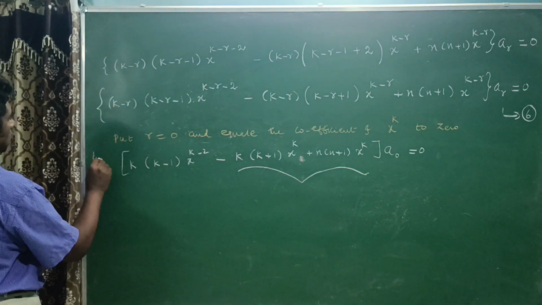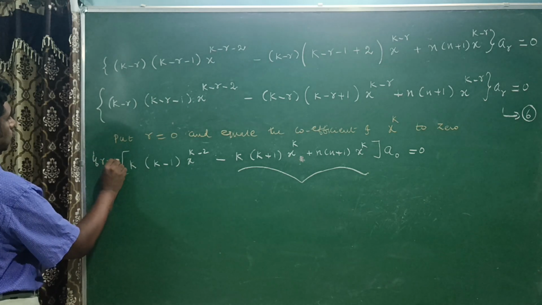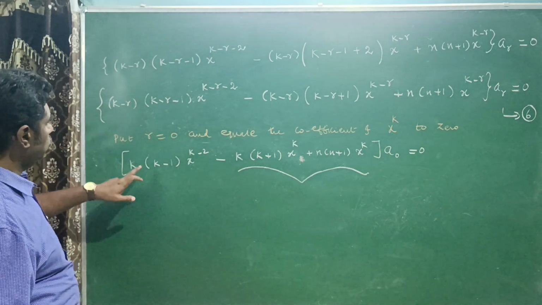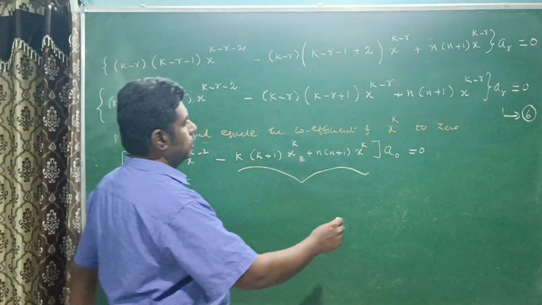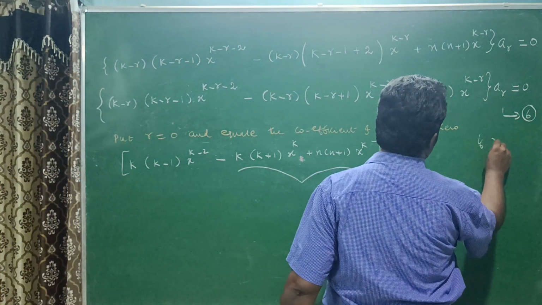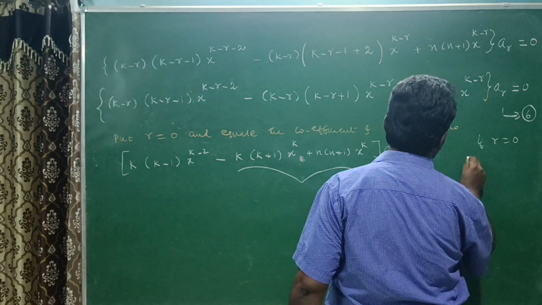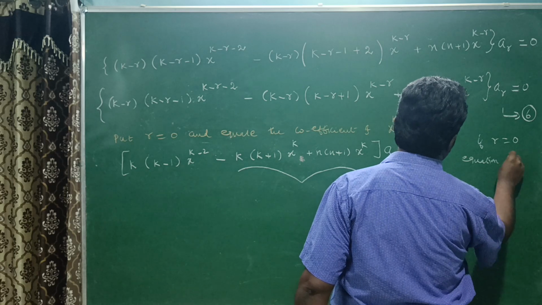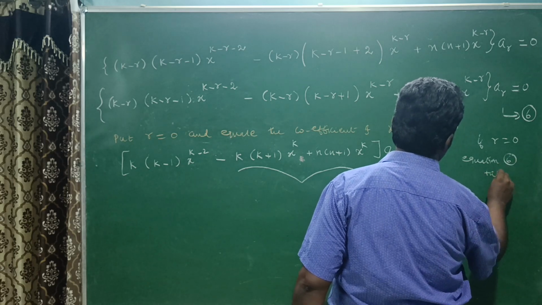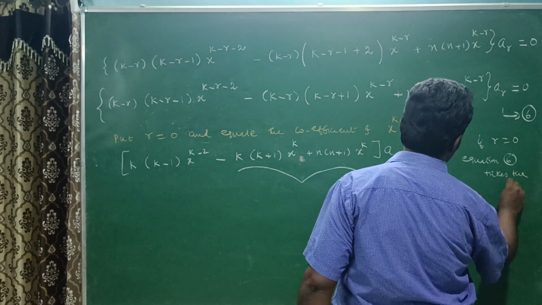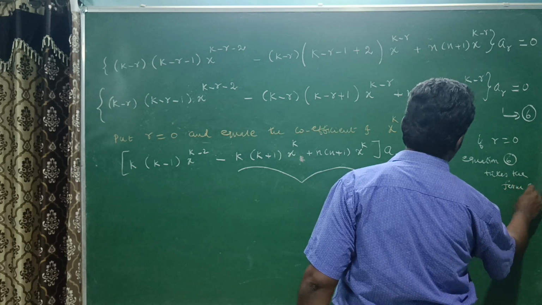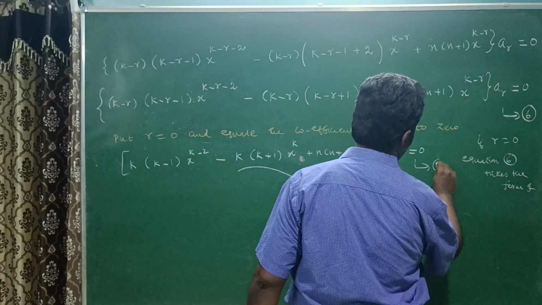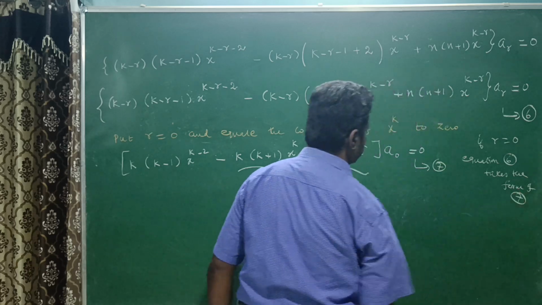If r equal to 0, we can get this equation. This equation 6 is modified in this form. If r equal to 0, equation 6 takes the form of this. This is equation 7.